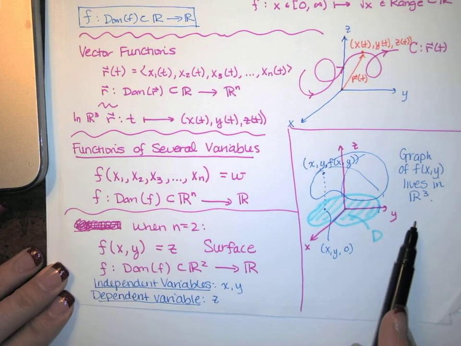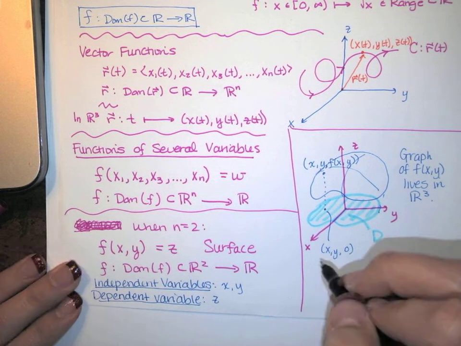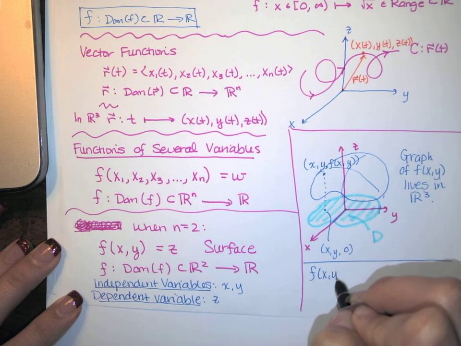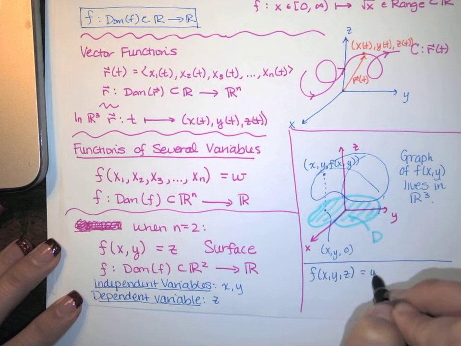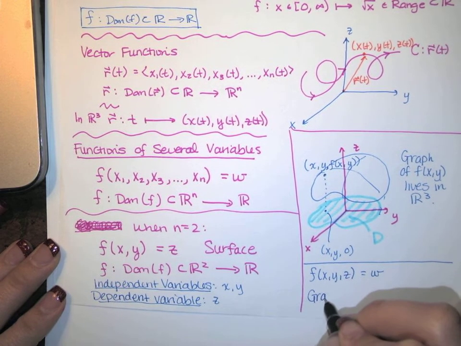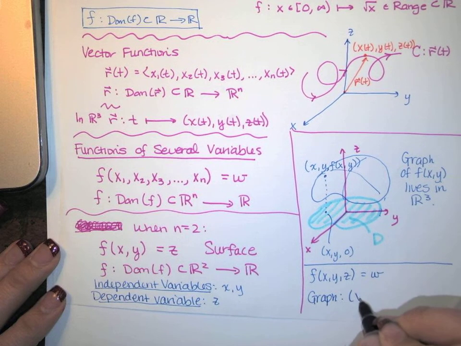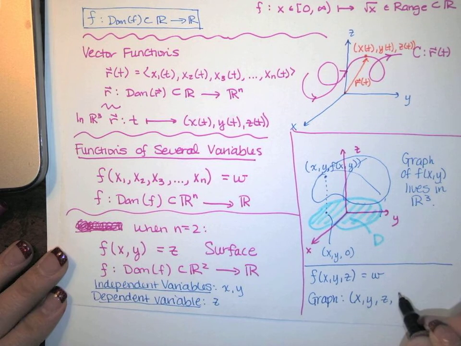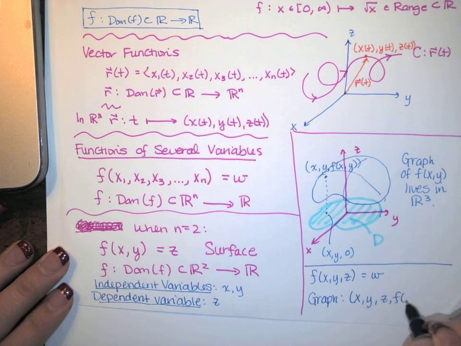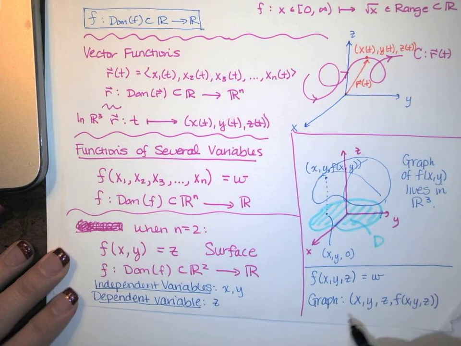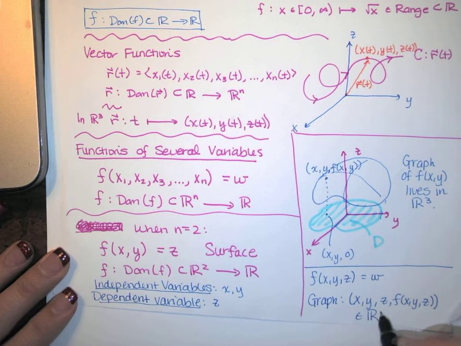If I want to graph it, I would have to graph it in three-dimensional space. Now technically, if I wanted to graph a function of three variables, f of x, y, and z equals w, the graph would have to live in four-dimensional space. It would consist of points of this form. X, y, and z are our first three coordinates, and the fourth coordinate would have to be f of x, y, and z. So this graph is in R4.